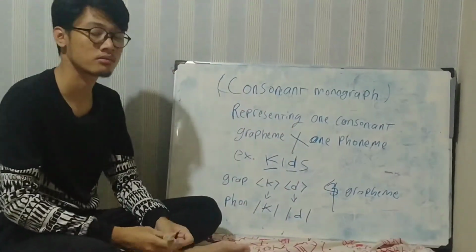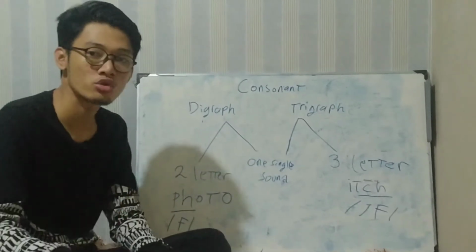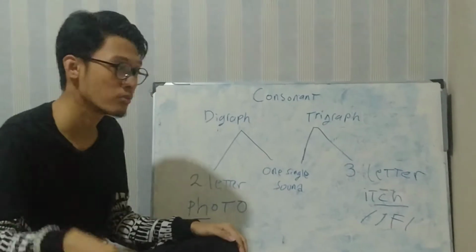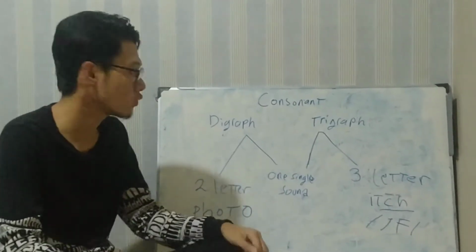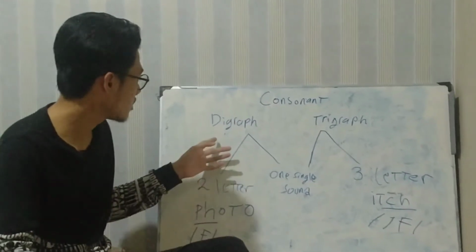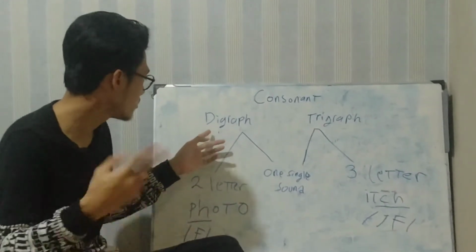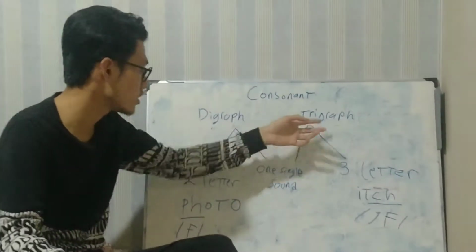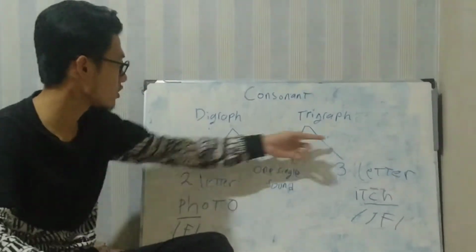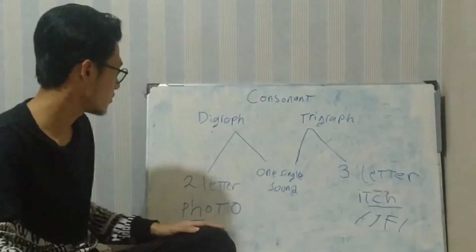Okay, so that's all. Right now we are going to talk about two branches of graphophonemics, which are still consonant but divided into two groups. First is digraph and trigraph. We're going to talk about these two things.